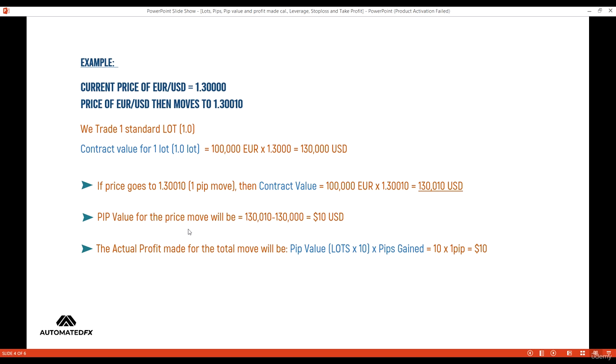Now the pip value for the price move will be $130,010 minus $130,000, which is equal to $10. So the pip value for this price move is $10.